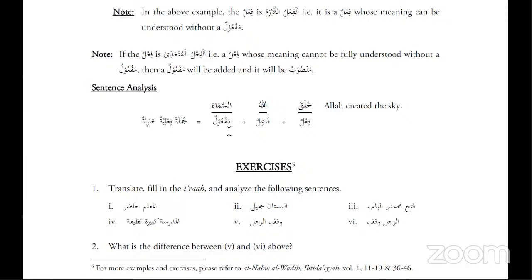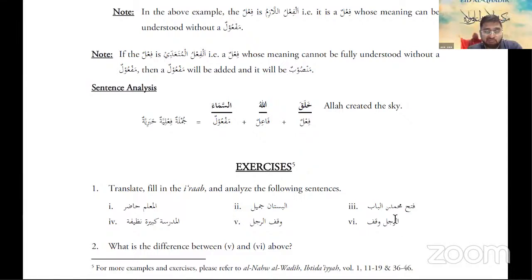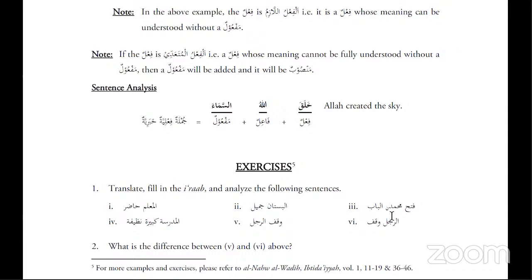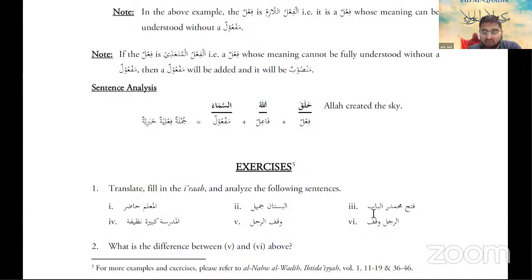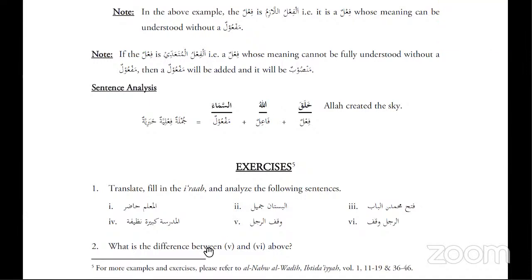And maf'ul is the object. Excellent. So here we have 3 words. Fataha is the verb, Muhammadun is the fa'il, doer. Al-bab is the object. Excellent. Is this clear for you? Yeah. Excellent.